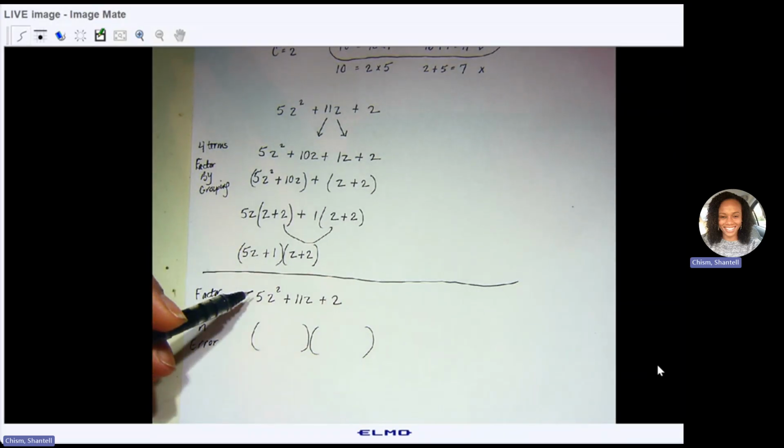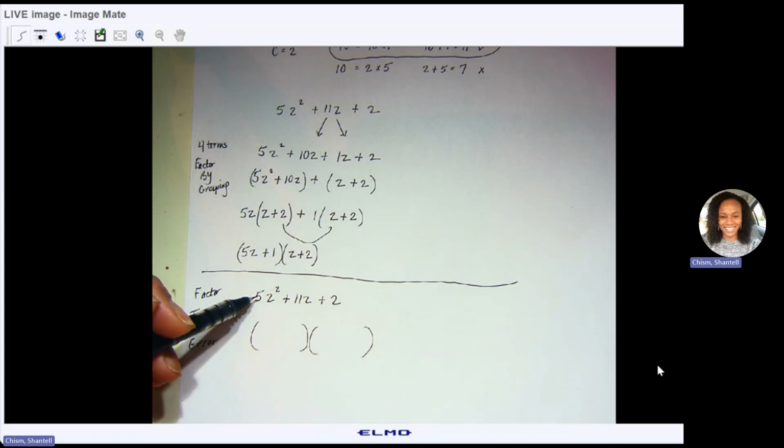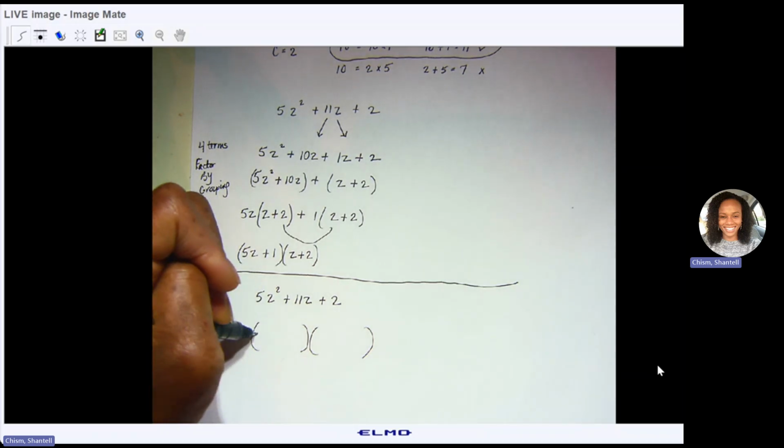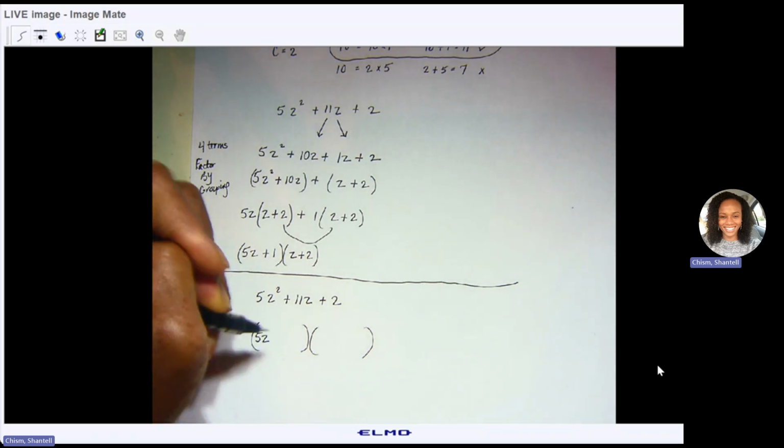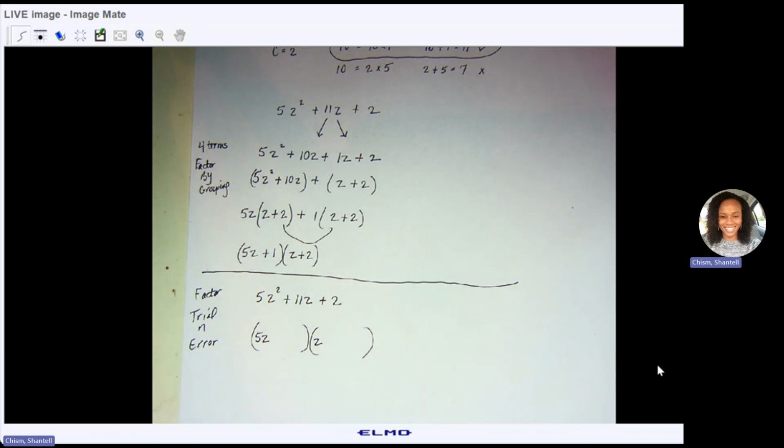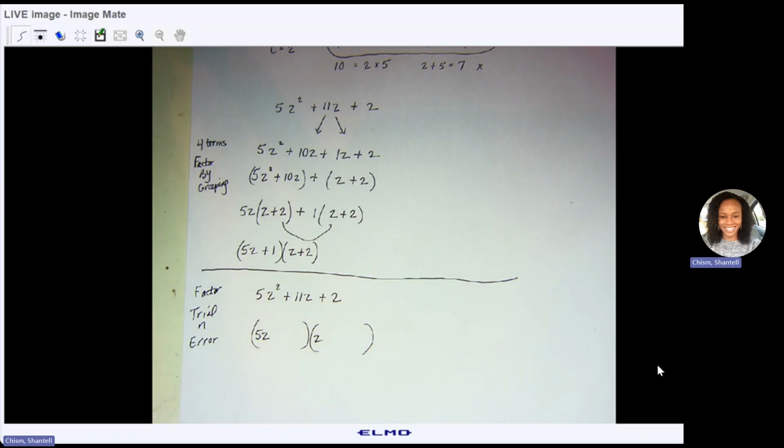So I always start off with factoring the first term, 5z squared. 5 is prime. The only way to factor 5 is 5 and 1. So I have 5z and 1z. Then I examine what my signs will be. If they're the same, I can go ahead and place them.